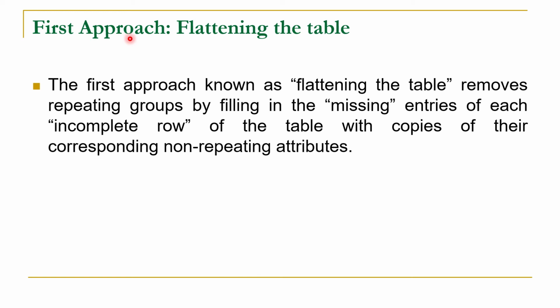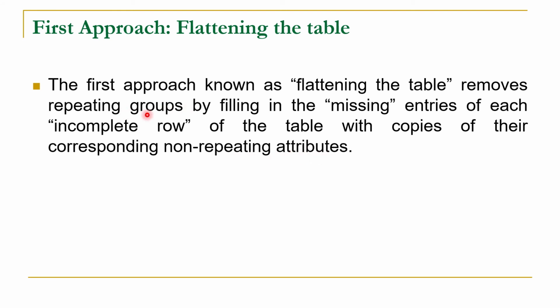So it is important to note that the first approach to normalize a table in first normal form is known as flattening the table. In this approach, we remove the repeating groups by filling the missing entries of each of the incomplete rows of the table with copies of their corresponding non-repeating attributes. So this is important.